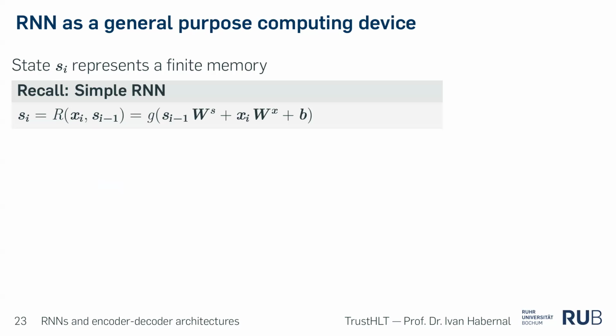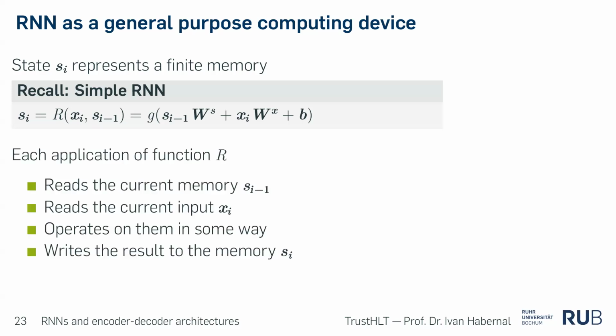And let me try to motivate this. We can see each application of this function R. So the R is computing the next state, right? The next state computation is this R function taking the current input and previous hidden state, and doing this multiplication. What is it actually doing? It takes the current, we call it memory now.